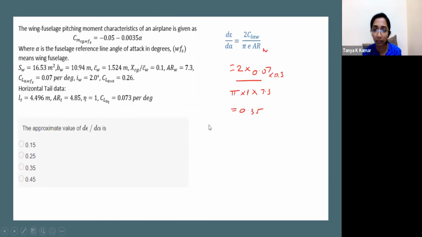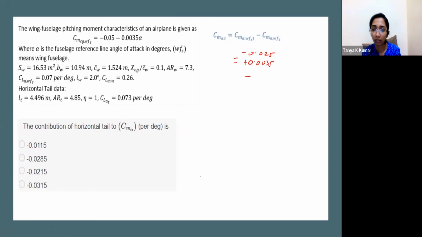Where did I make a mistake? Yeah, so it would be minus of minus. This is the CM alpha of wing, tail, and fuselage. This would be minus of minus 0.0035. Is it clear now?